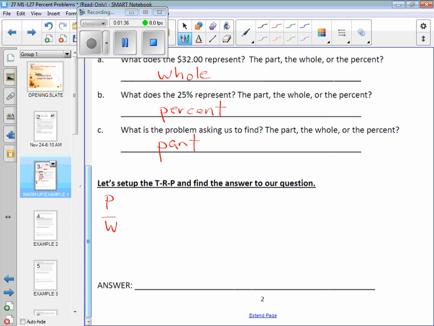You put $32 as the part. Be careful, it's not the part though. It's the bottom part, it's the whole. And you don't need 0.00, we can keep it a whole number. Makes it a little bit easier. And then what are we trying to find? You're trying to find the part. So we'll leave that as a box, or you can just leave it open on yours.